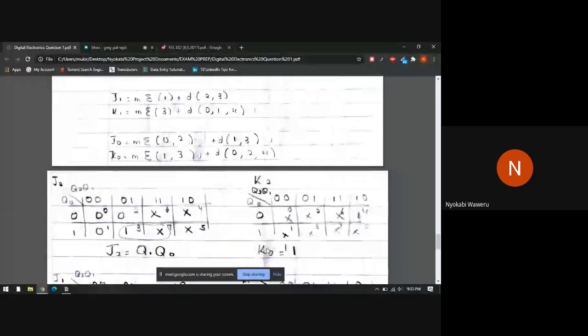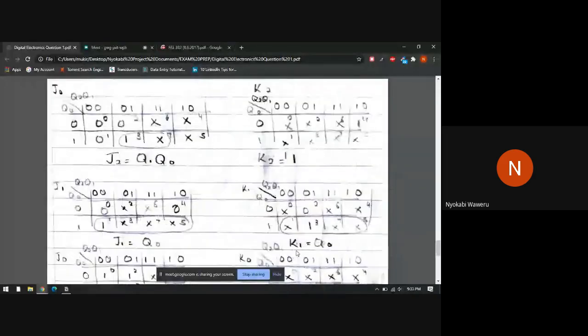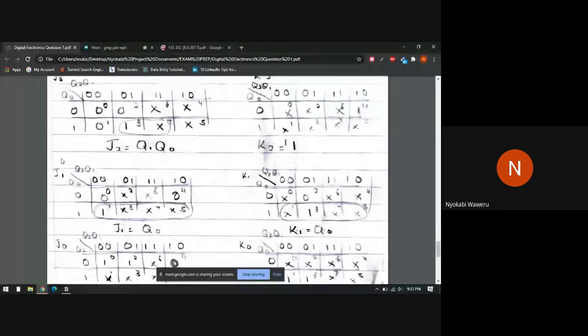And then you do the same for J1. We had the 1 at 1, and so we grouped these 4. So J1 is Q0. K1 is also Q0 because we grouped these 4 with the 1 here and the 3 don't care values.